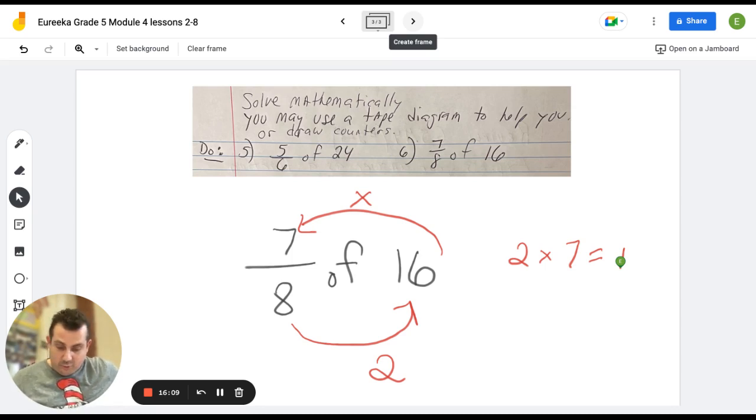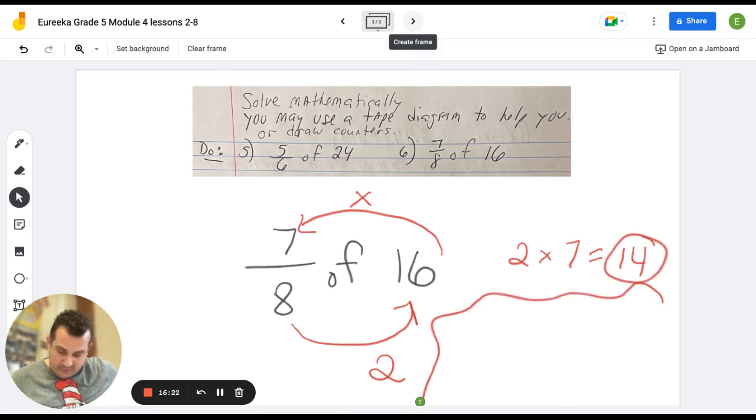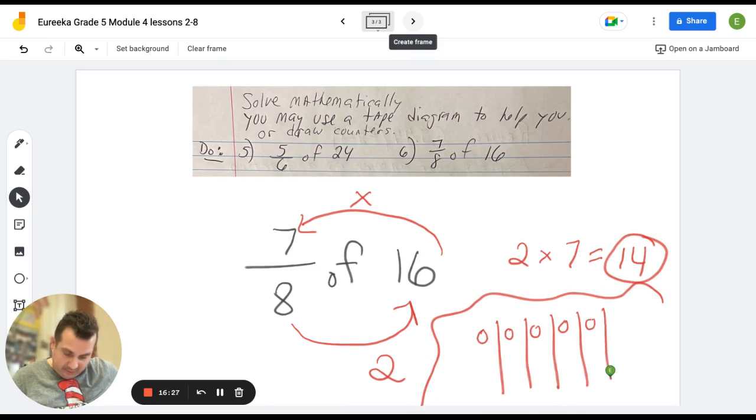And then you'll have 2 times 7 equals 14, which would be the same way if I now did my columns and I have 8 columns. 1, 2, 3, 4, 5, 6, 7, and I think 8. Let me see. 1, 2, 3, 4, 5, 6, 7, 8. Now I'm going to give out. I already gave out 1 in each group, so that's 8.